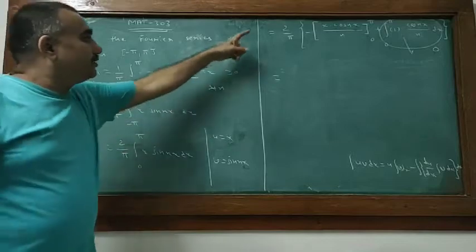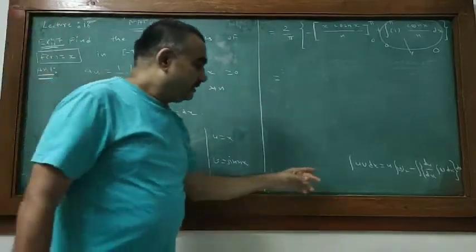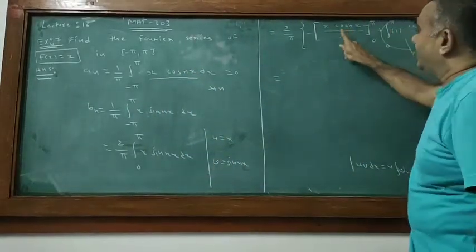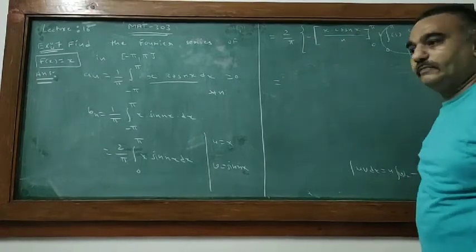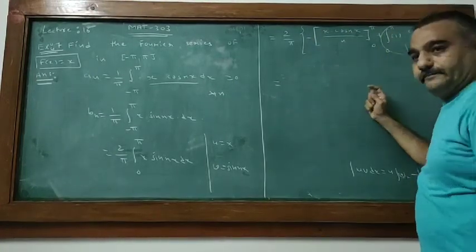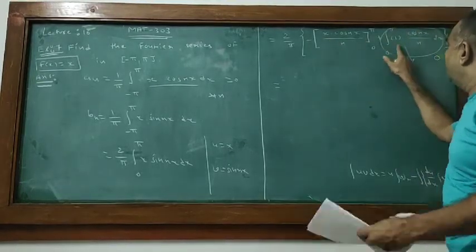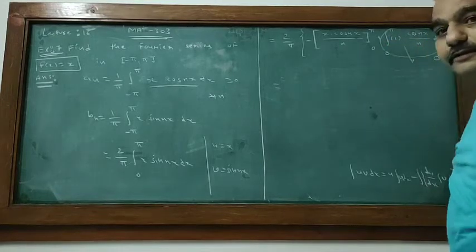So 2 upon pi, u remains as it is, integration of sin nx is minus cos nx upon n, limit 0 to pi, then differentiation of x is 1 and that of sin nx integrates to minus cos nx upon n.